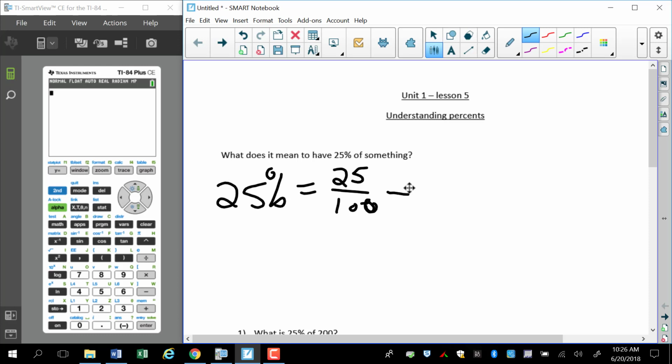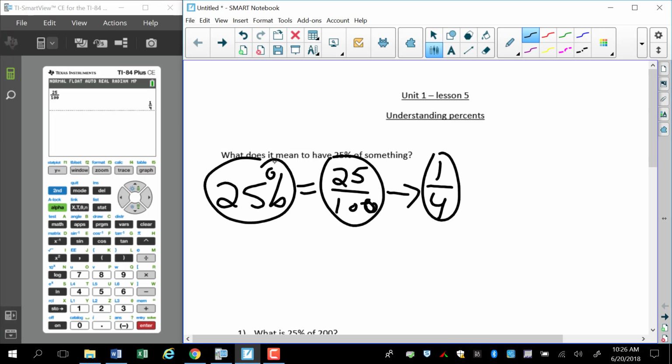You can reduce this fraction. If you'd like, we can move on over here to our calculator. We can say, okay, well, what does it mean to have 25 out of 100 of something? It actually means we also have 1/4 of something. They all mean the same thing. Well, if you have 1/4 of something, let's say you have 8 apples, well, 2 out of 8 apples would also be 25%.